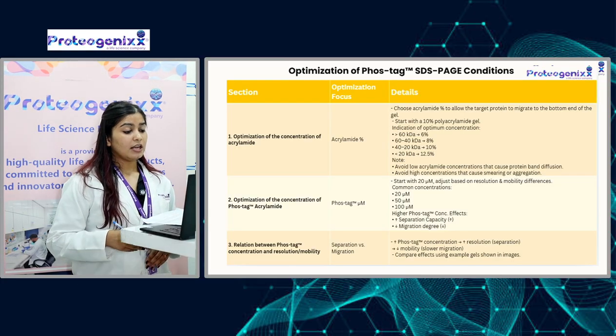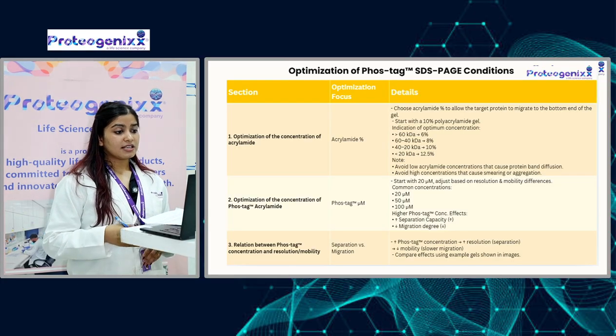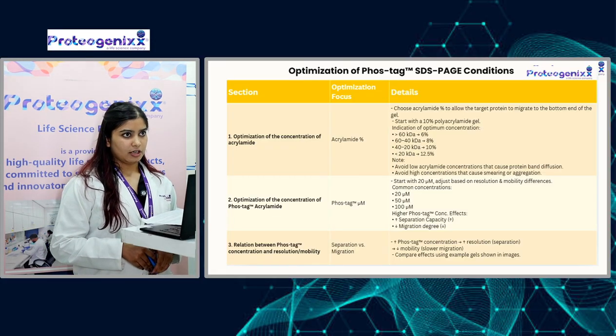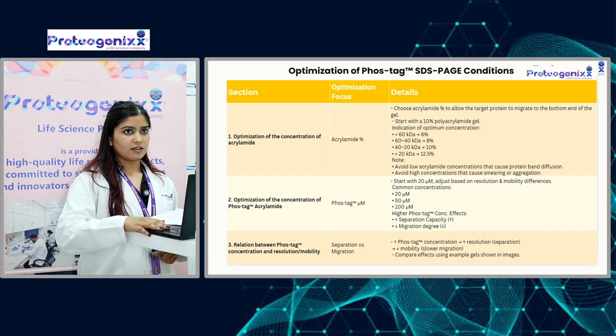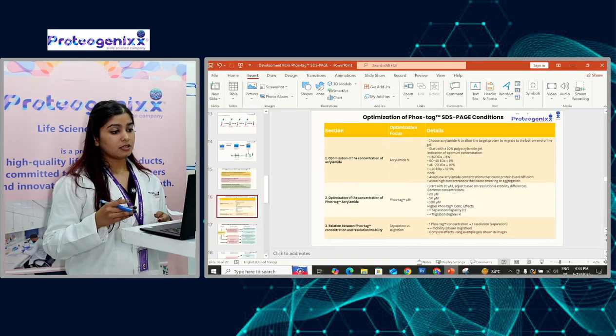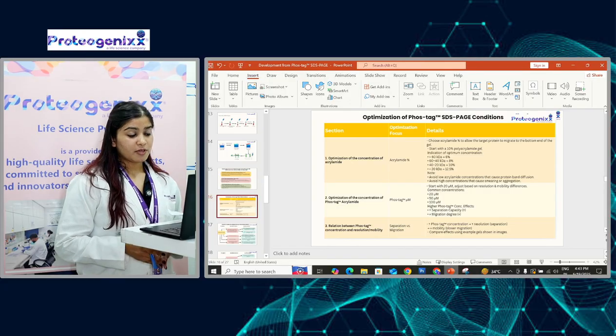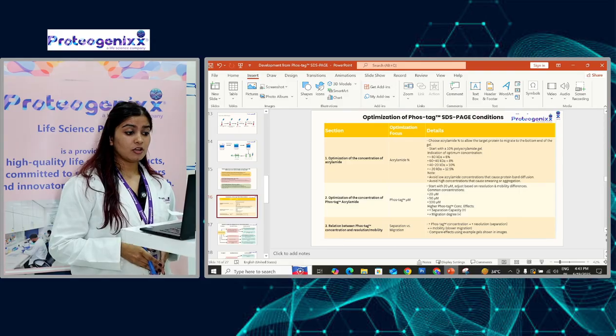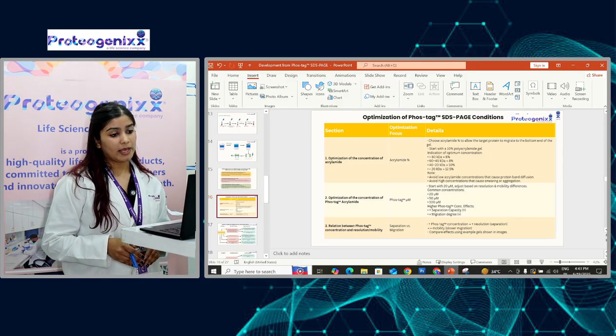When you are using larger proteins, more than 60 kilodaltons, we use a lower concentration of polyacrylamide gel. So we just talked about the optimization of the acrylamide concentration, but the optimization of Phos-tag acrylamide is also very important.